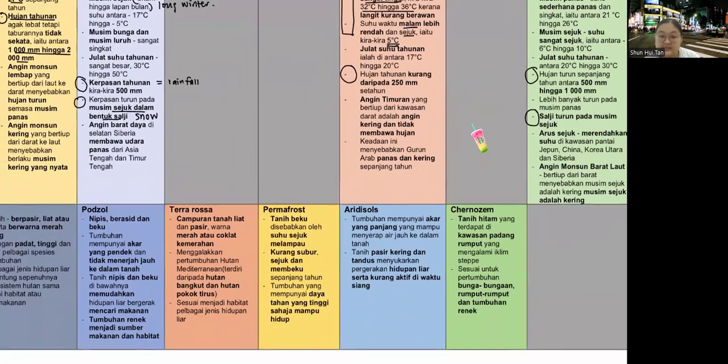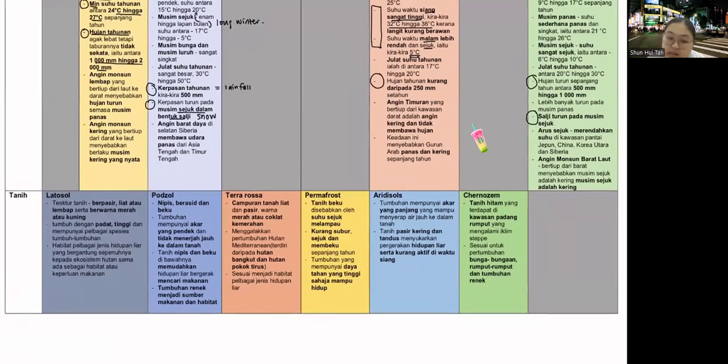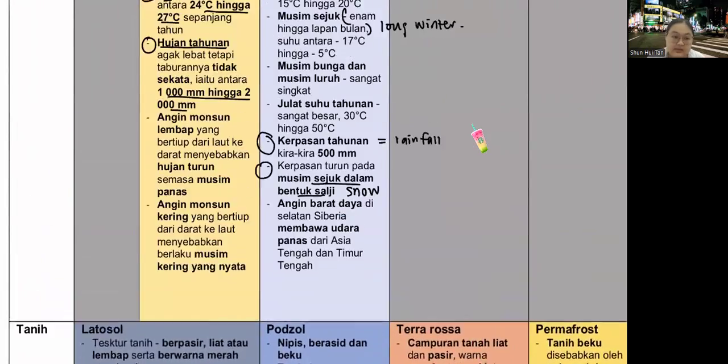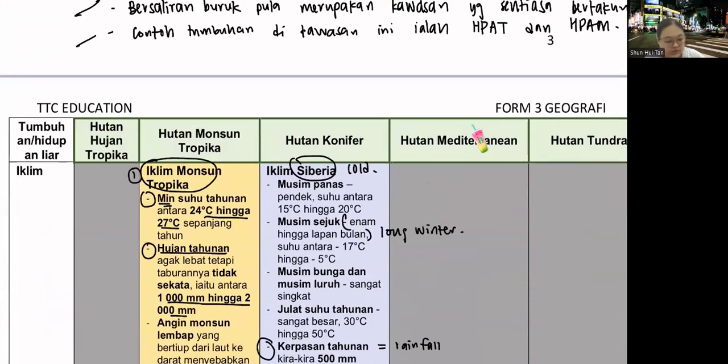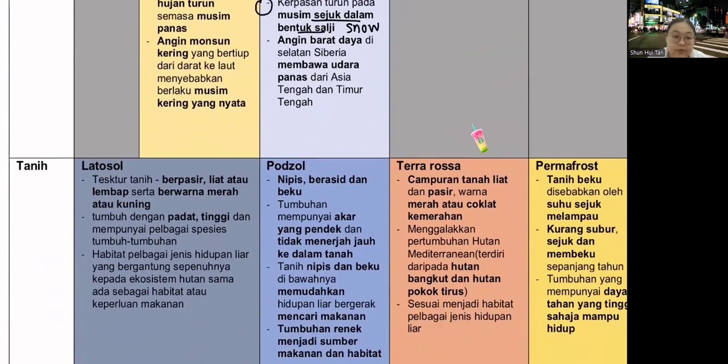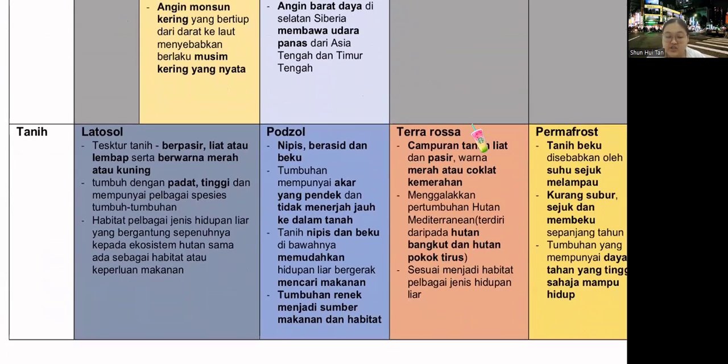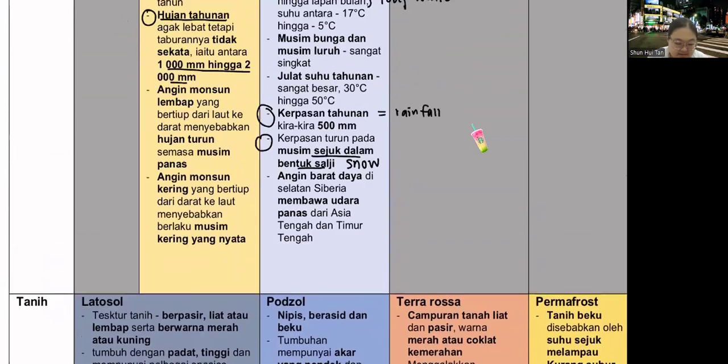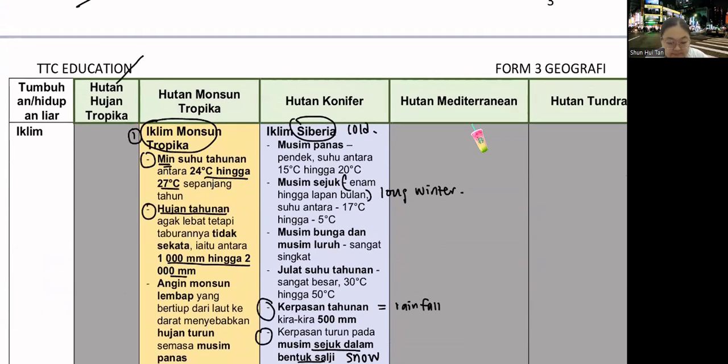And then come here, already Tanih. Now, Tanih, right? A lot of people may have doubts on this because if I show you, hutan hujan tropika and hutan monsoon tropika are both latosol. But chapter 4 tells you some other things, right? What does chapter 4 tell you? Chapter 4 tells you that hutan hujan tropika uses what Tanih?